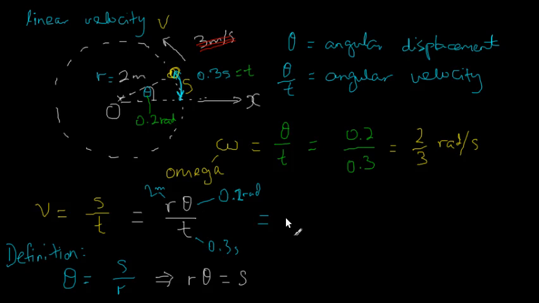Therefore I have r times omega. So now I have this formula: v is equal to r omega. I have a formula that relates the linear velocity to the angular velocity.